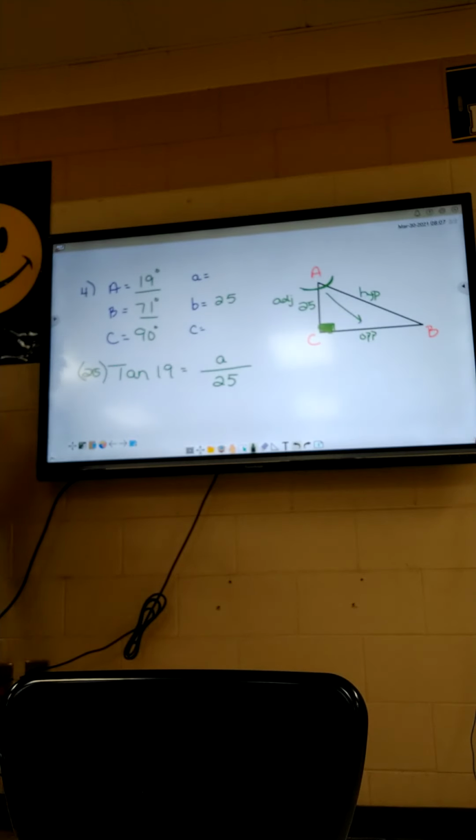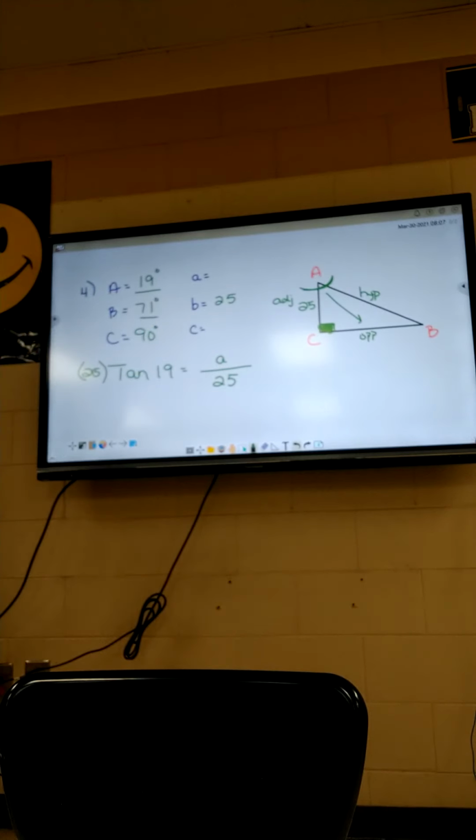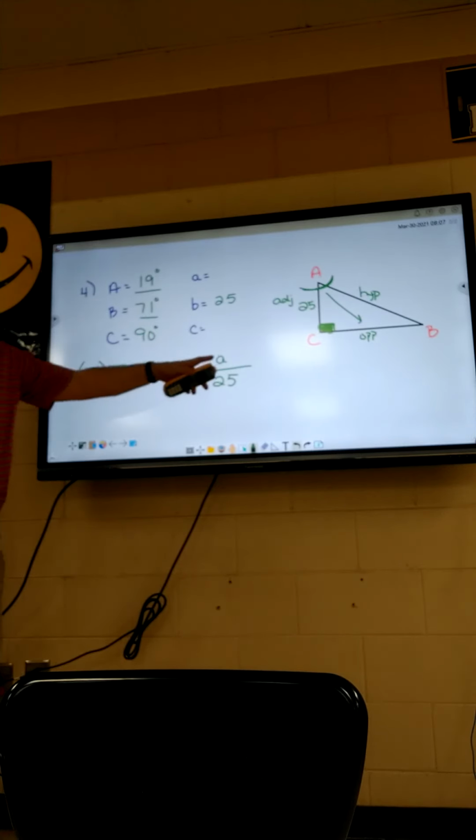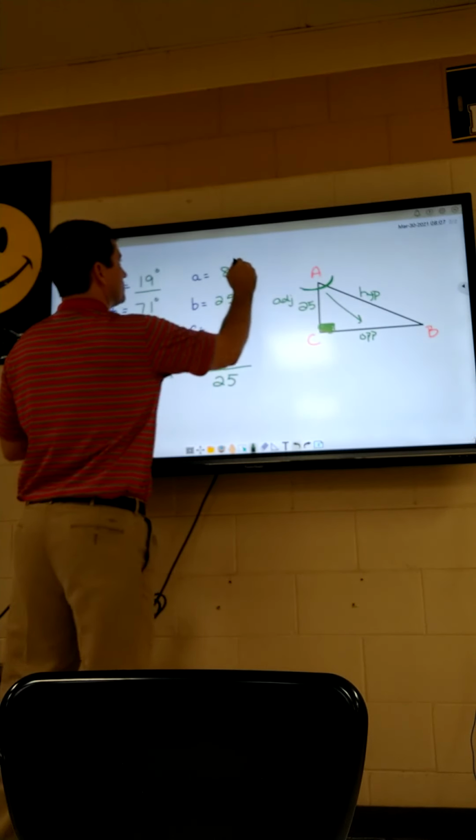So all you have to do is multiply the other side by 25. Type it in your calculator. 25 times tangent of 19 is 8.6. Where does 8.6 go? We had little a in our problem, so that's where 8.6 goes.